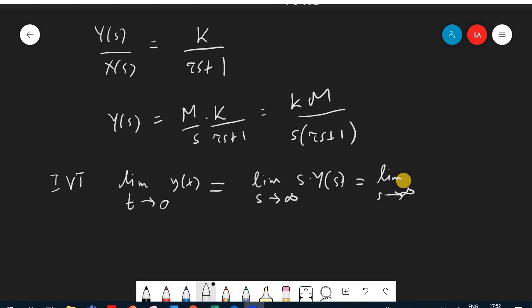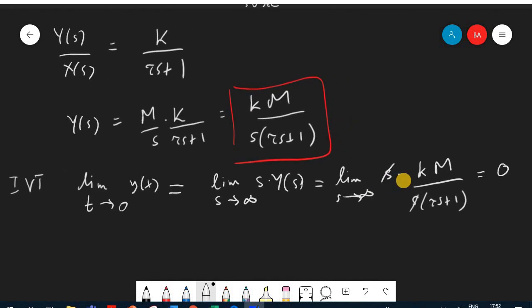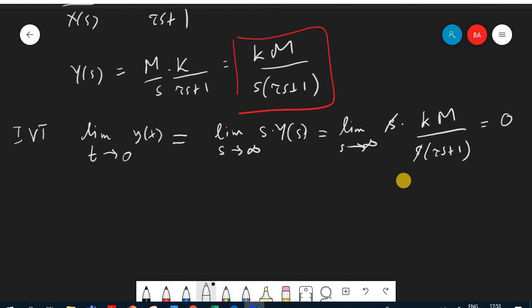So s multiplied by Km over s times tau s plus 1, the s cancels out, and if I substitute s equal to infinity, it will be infinity plus 1 in the denominator, and any value over infinity will be equal to 0. And actually this is exactly what we have said. When we substituted t equal to 0, we found that y is equal to 0. So we are getting the same result.